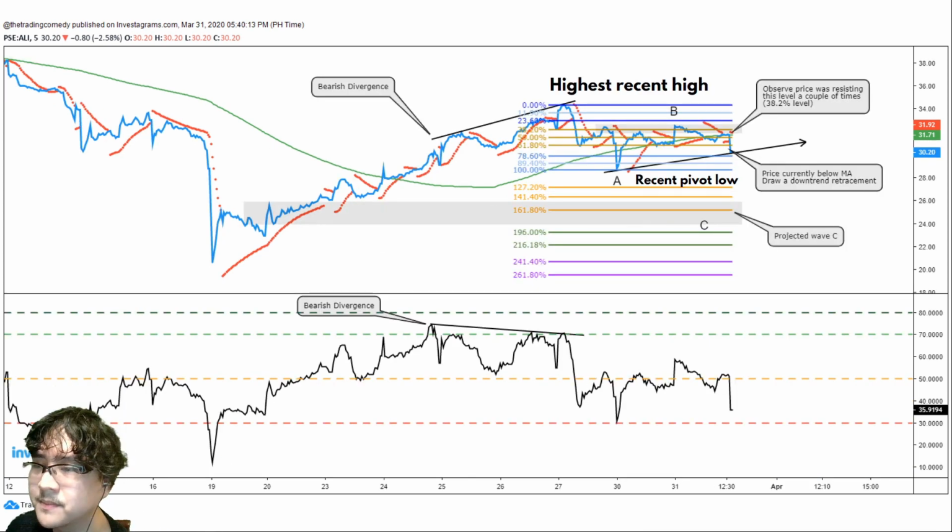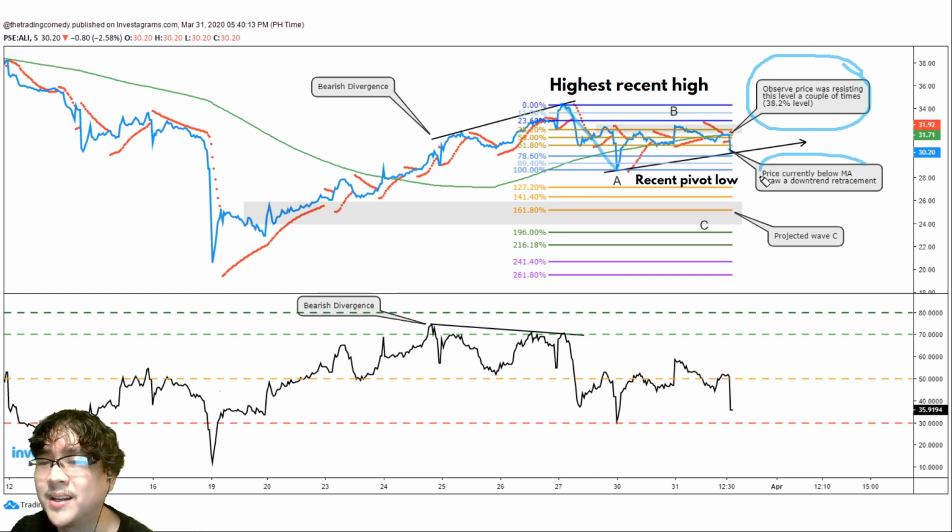Okay? So probably pwede yung bilang nyo dito sa Elliott wave. It's 1, 2, I don't know, maybe this is 3, 4, 5. You could count it that way. And then this is the drawn retracement that I mentioned. If you drew from bottom to top, okay? And this is the A and B. So you observe here that the price was resisting at this level a couple of times.